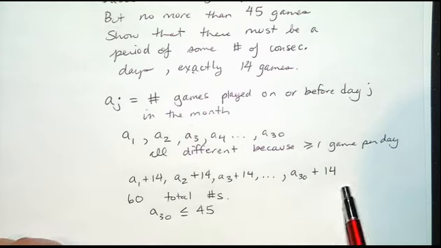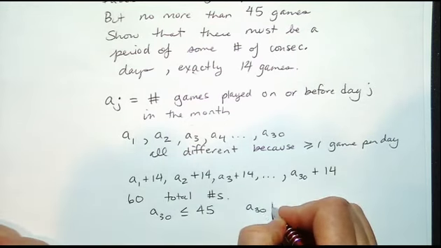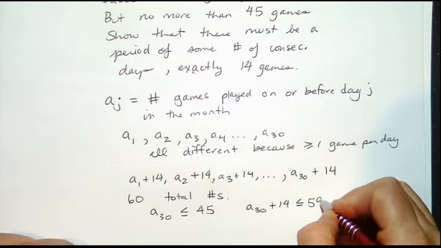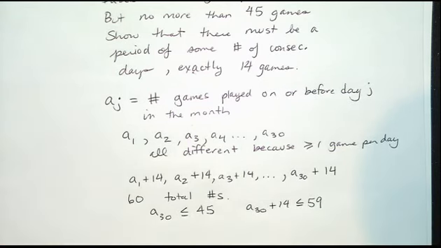So how big is A30 plus 14? If you add 14 to both sides, we get 59. Okay, so we have 60 numbers, and all of them are less than or equal to 59.